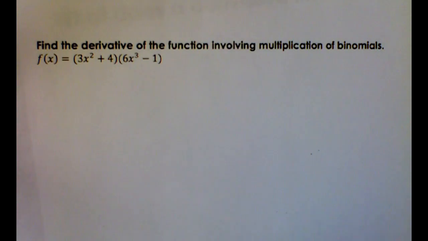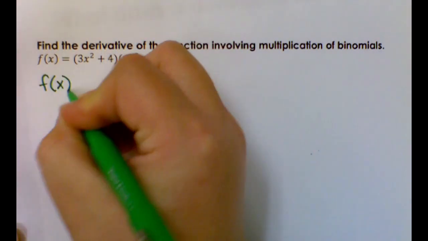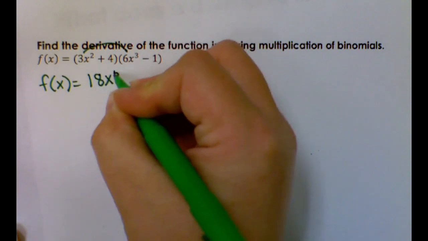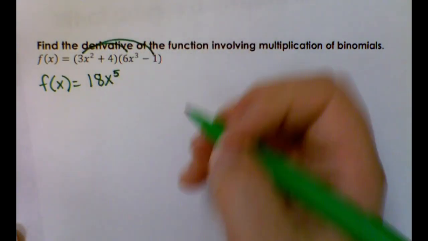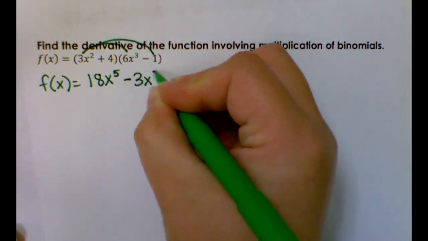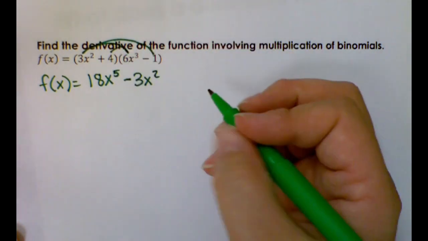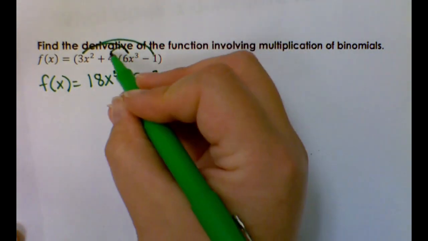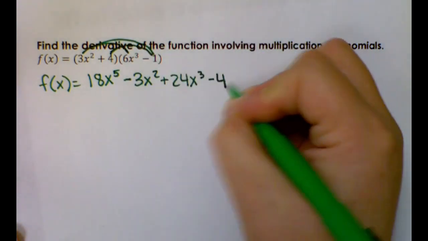Next thing we're going to talk about is the derivative of the function involving multiplication of binomials. At this point in time, to do this problem, we have to just FOIL it together. So f of x equals 3x squared times 6x cubed, which is 18x to the 5th power, 3x squared times -1, which is minus 3x squared, then 4 times 6x squared, which is plus 24x cubed. 4 times -1 is minus 4.